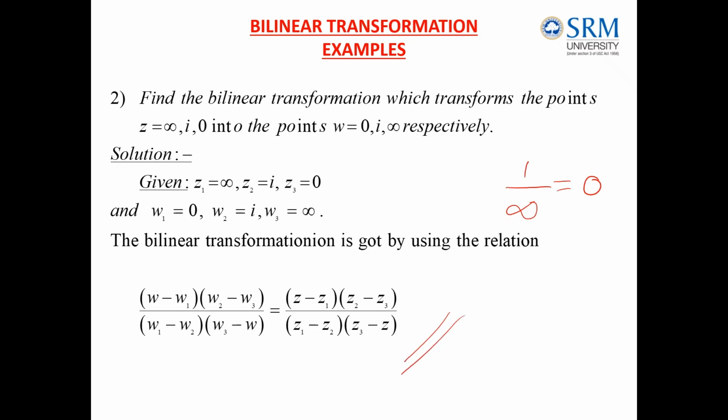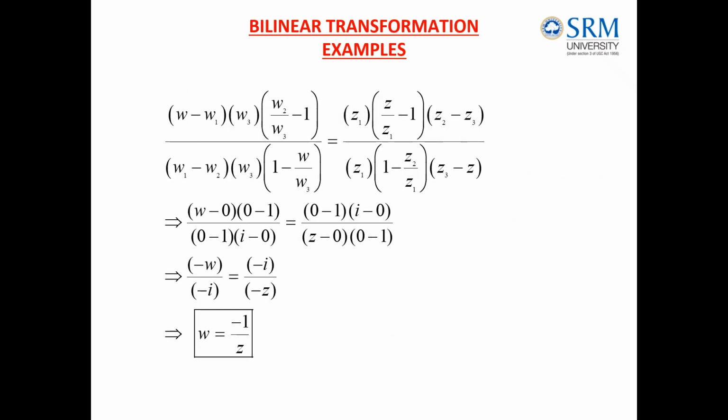Whichever point is infinity, we take that point as common and simplify it with the denominator, so that it is there in the denominator and the others get cancelled. On the left hand side, W3 is taken as common, and on the right hand side, Z1 is taken as common. W3 is taken common in both the numerator and denominator, so it cancels and the remaining term is in the denominator.